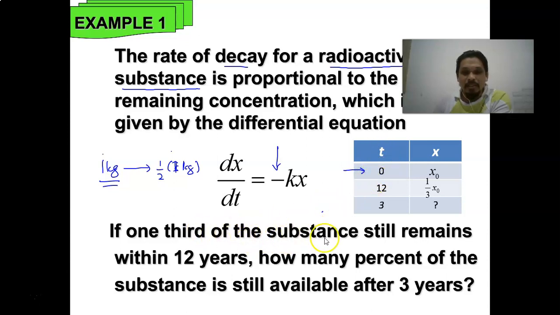So if 1/3 of the earliest amount of the substance remains within 12 years, after 12 years we go back to the lab and we find that the weight is 1/3 of the earliest. So how many percent of the substance is still available after 3 years?